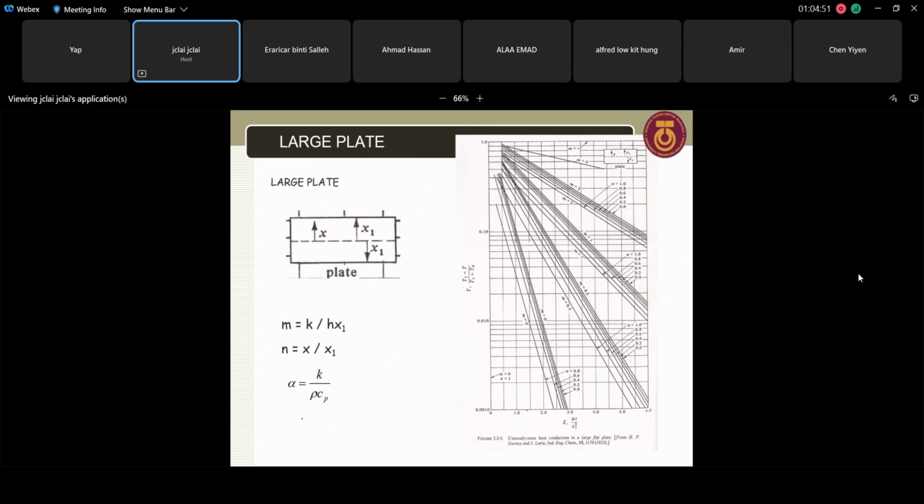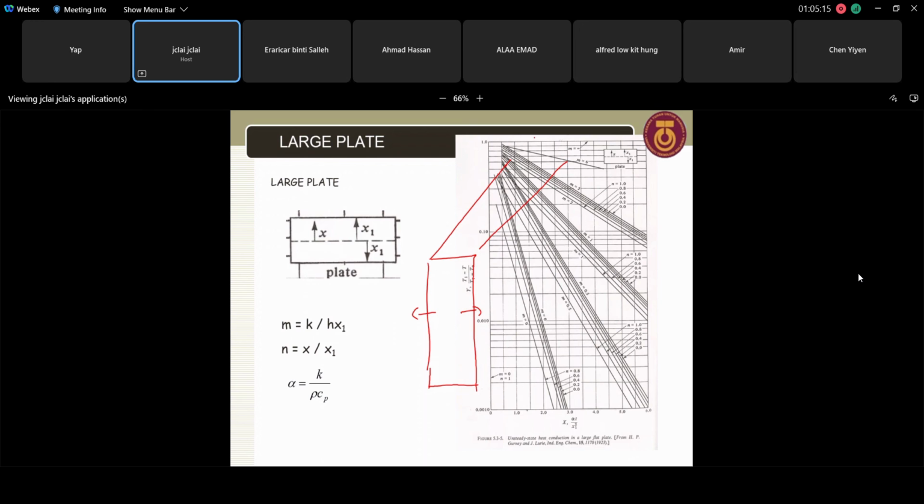Okay, so what about a large plate? A large plate is like this. The heat is lost through two surfaces, upper and lower. Or it can also be a wall, with both sides exposed.